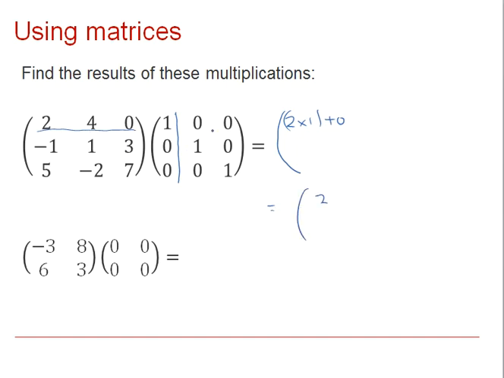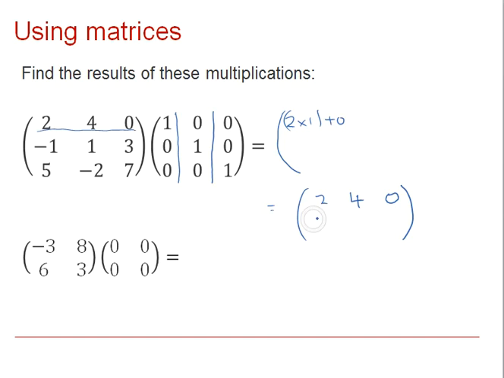As we move along the second column, we'll find it's only the middle number that gets picked up. And again, with the first row times the third column, it is only that third number in the row that gets picked up. That's going to be the same for each row.